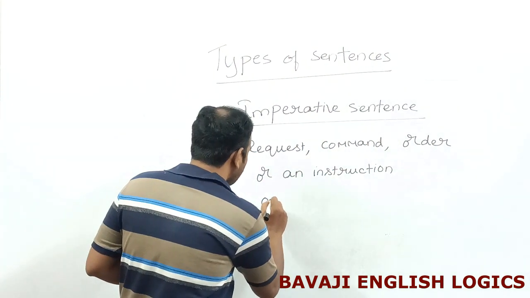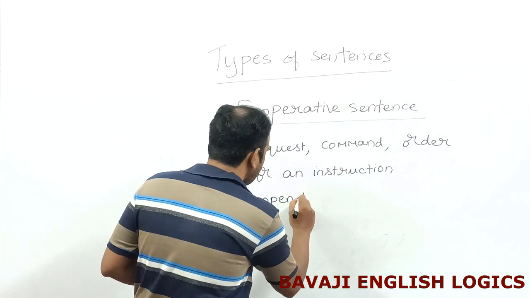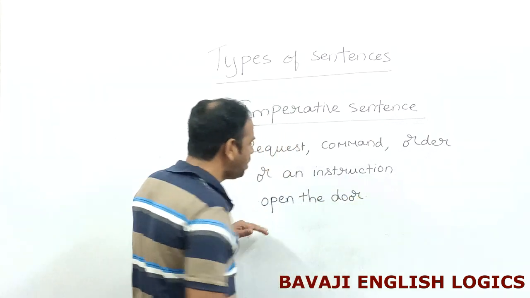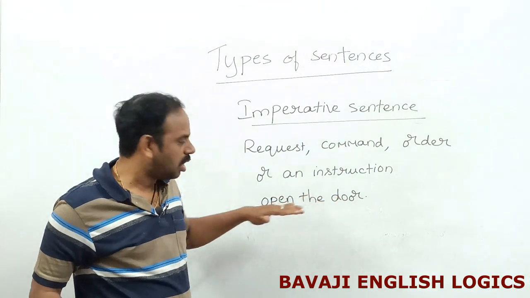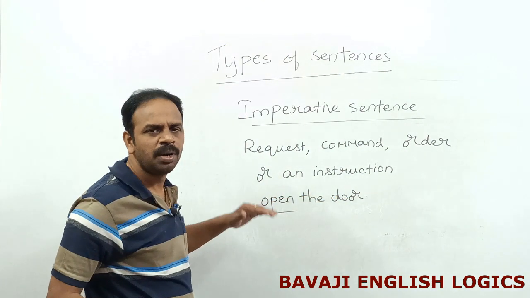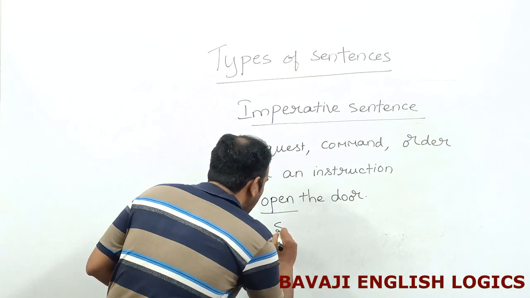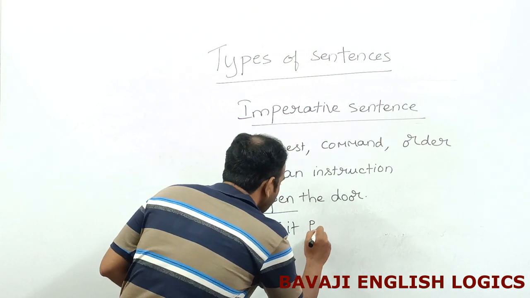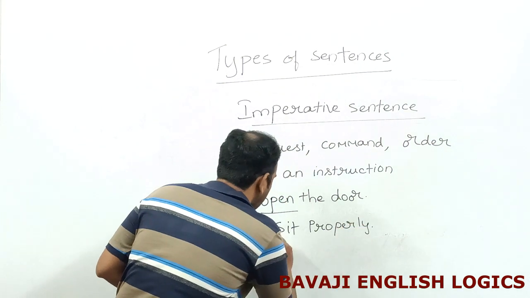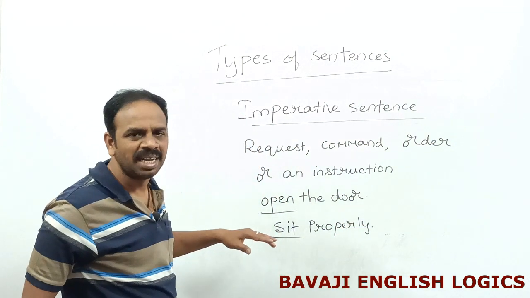Open the door. This is an imperative sentence. It begins with the verb open. Sit properly. It begins with the verb sit.